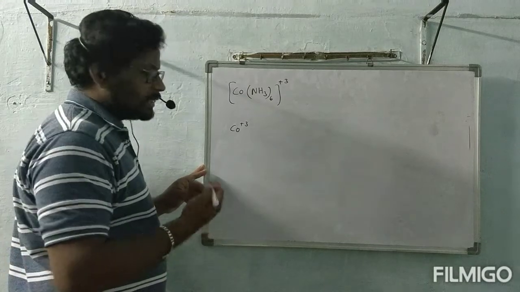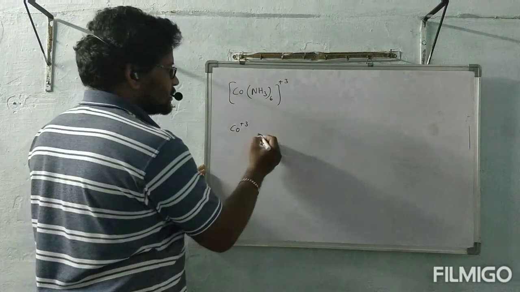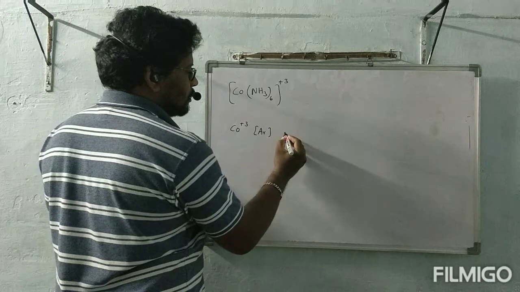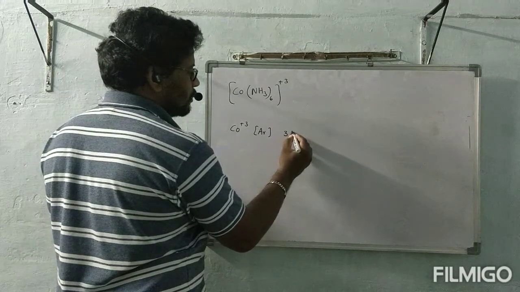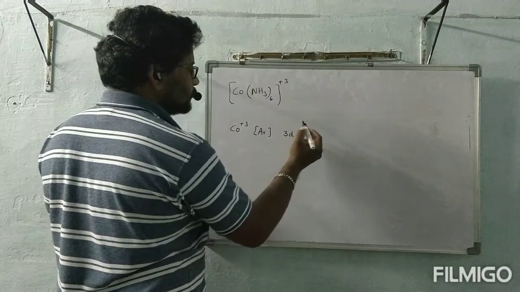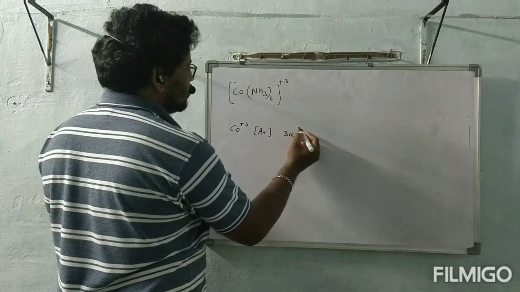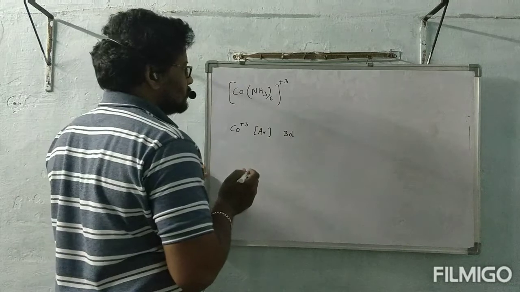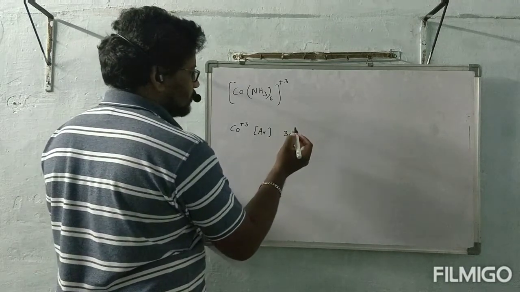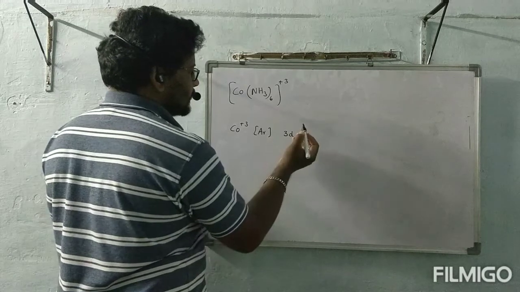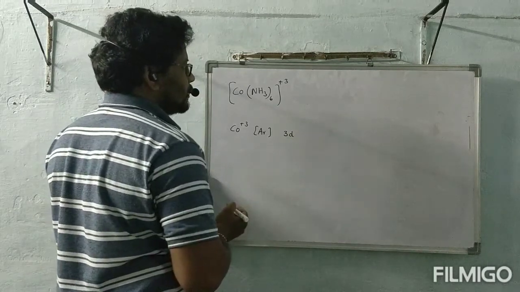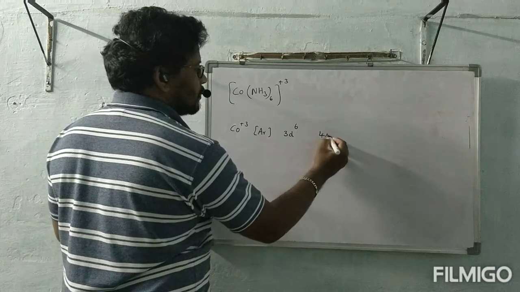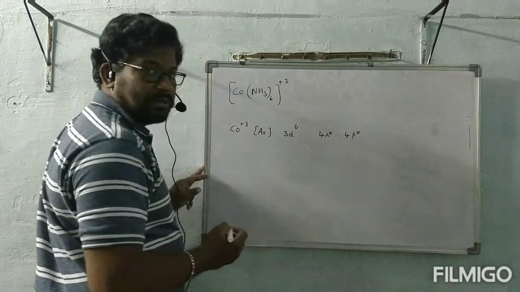Yesterday I already explained this. I am directly writing the electronic configuration of Co3+, that is argon 3d6. Cobalt has atomic number 27, and 3 electrons are removed, so 3d6, with 4s 0 and 4p 0.